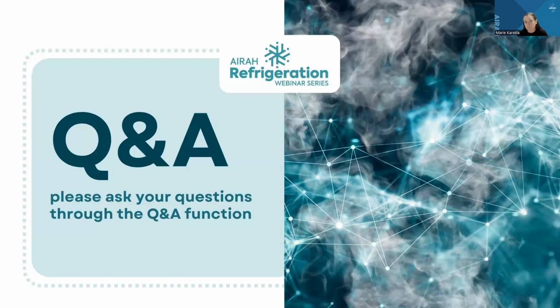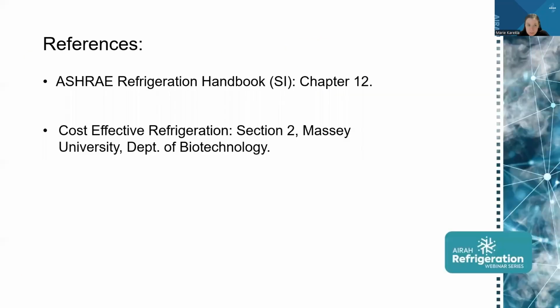Thanks, Andrew. Another question here is, where can you find more reference material on some of the stuff you presented to us? I think the very last slide, which I did not read out, was this one here. Those formulas come from two sources. Actually, the Refrigeration Handbook, the ASHRAE version, chapter 12, and the other formulas come from a publication from Massey University, Department of Biotechnology.